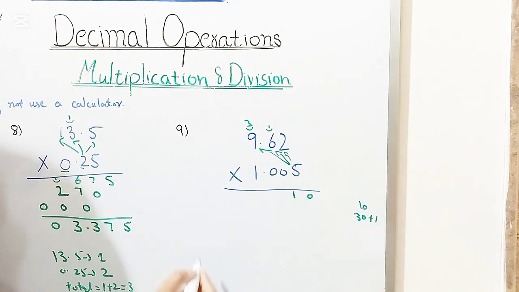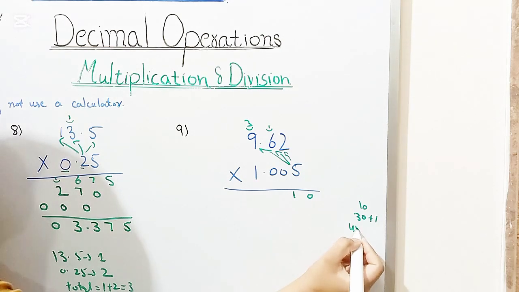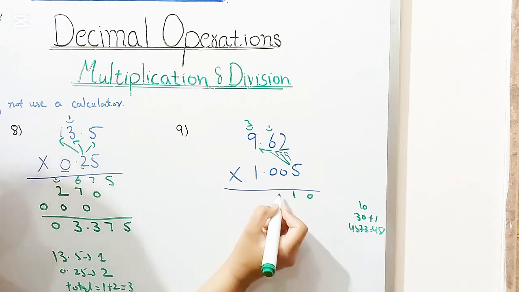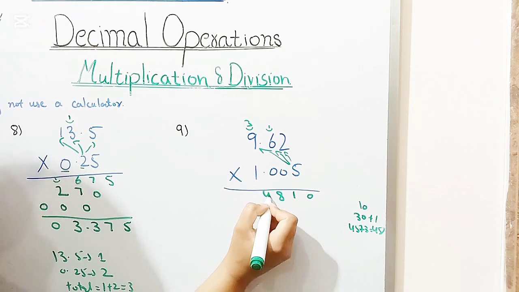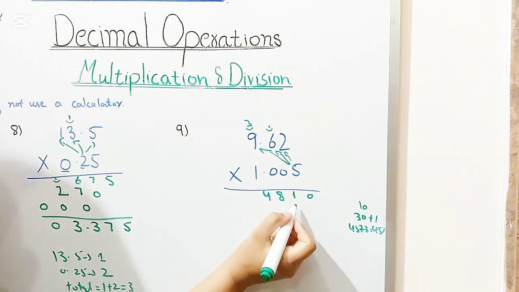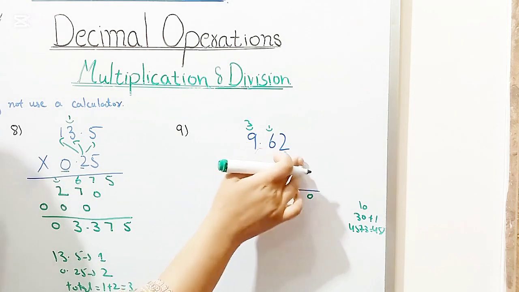Then I carry 3 to the next value. 5 9s are 45. 45 plus 3 is 48. Okay, then 0. Then I will wipe it, then you will not be confused.